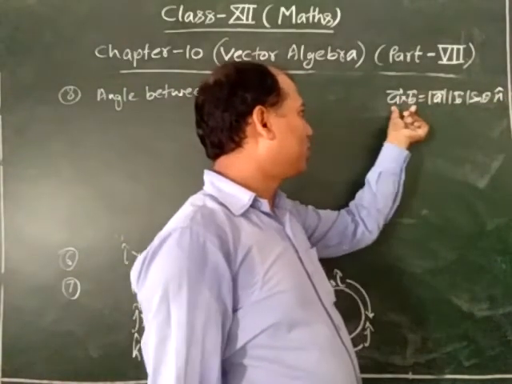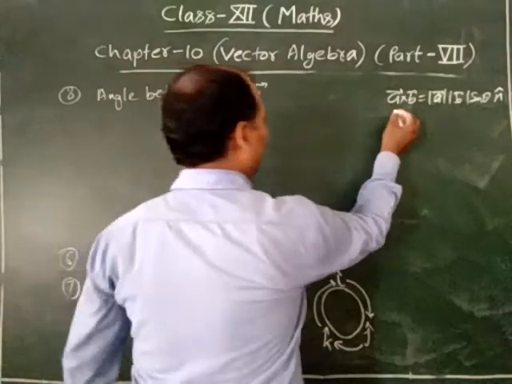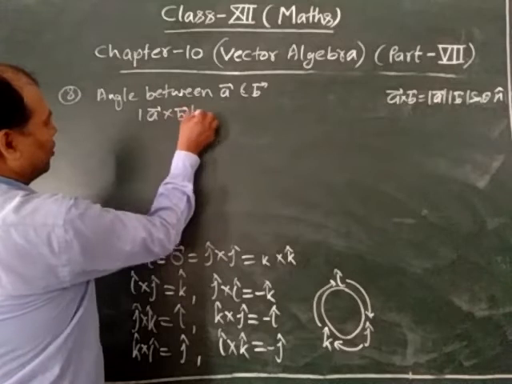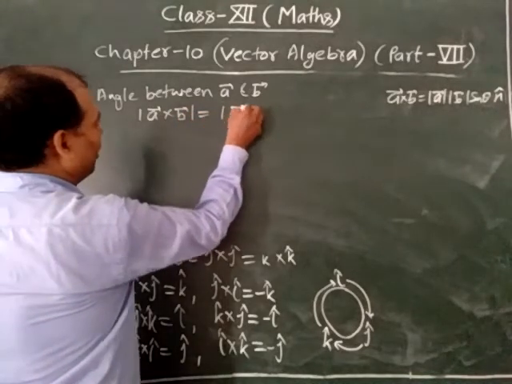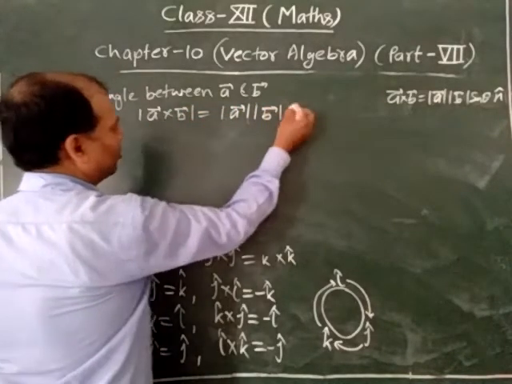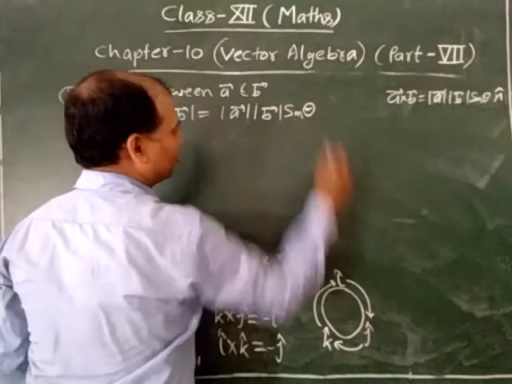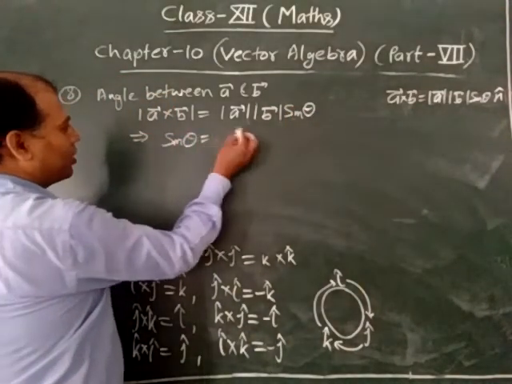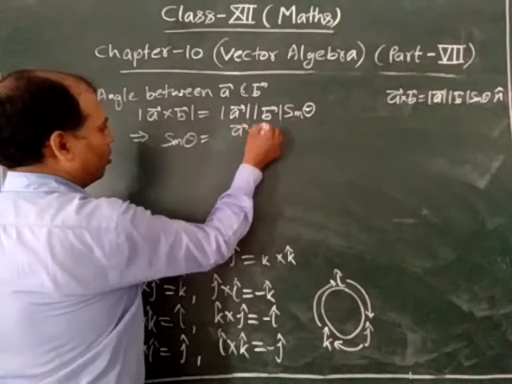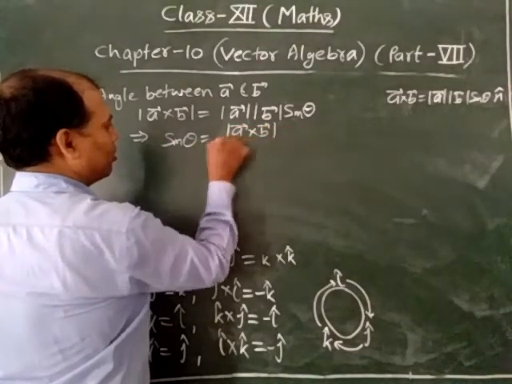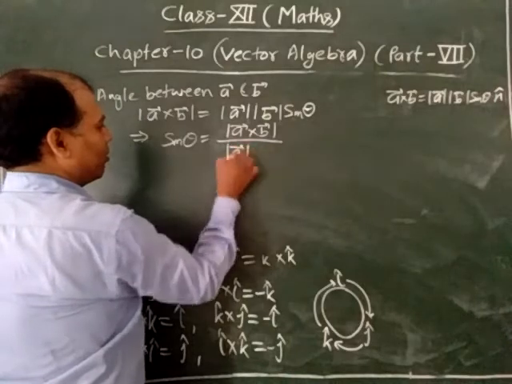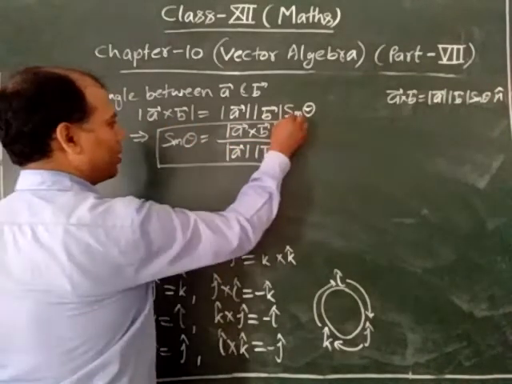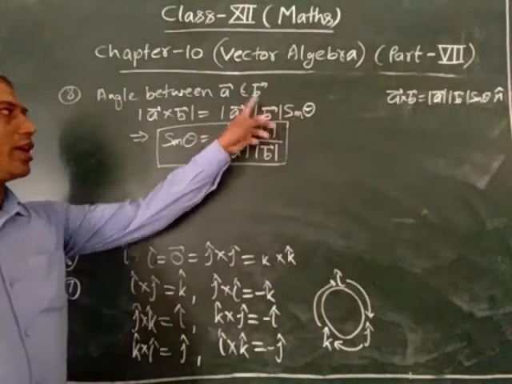So mod A cross B is equal to mod A mod B sin theta. Then from this we can write sin theta is equal to mod A cross B divided by mod A mod B.